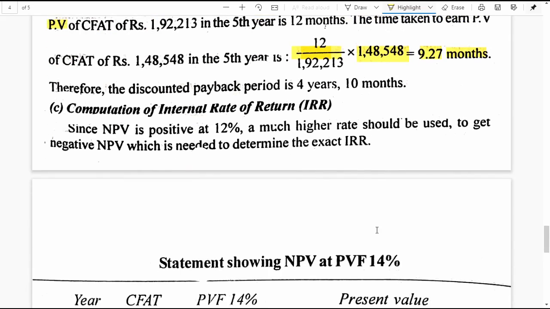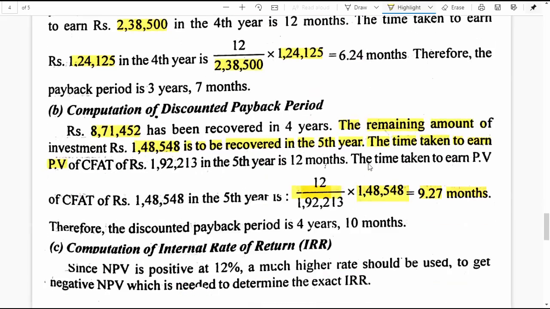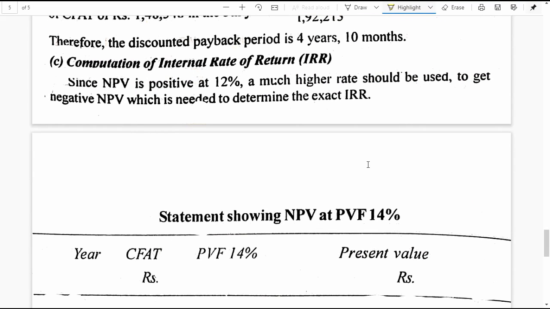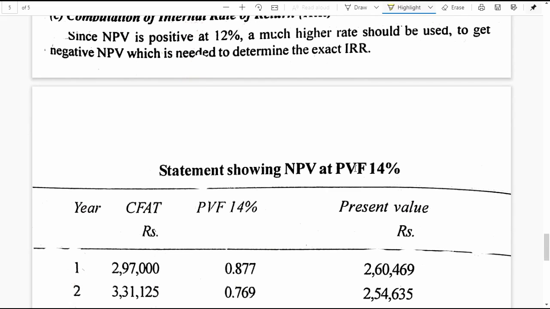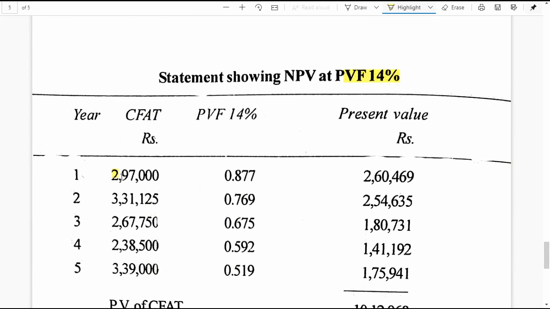Now computation of internal rate of return. At 12%, when we calculated the present values of cash inflows of this equipment, it came with a value higher than the target investment 10,20,000. Therefore, we should try a higher percentage to get our internal rate of return for the project. Yes, that is why they have tried 14%. Now, when they tried 14%, they have multiplied the cash inflows of the project with the respective PVIF factors which have been chosen from table number 1 titled PVIF.